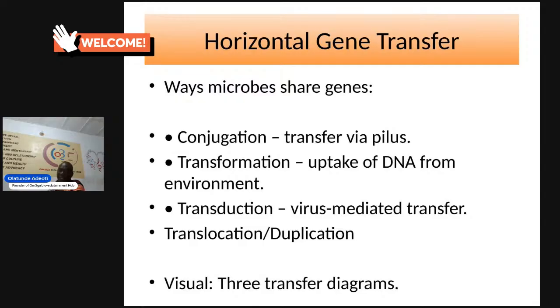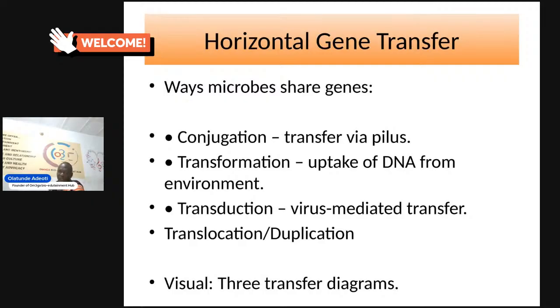Then again in this course, we are going to make mention of horizontal gene transfer. Horizontal is between one microorganism and another, but they must be of the same species. It could be in the form of conjugation, which is through their pilus.